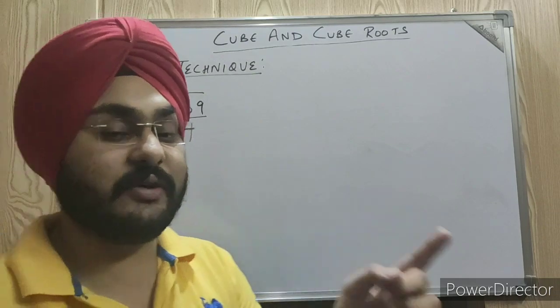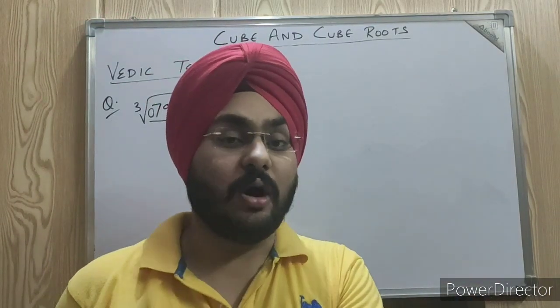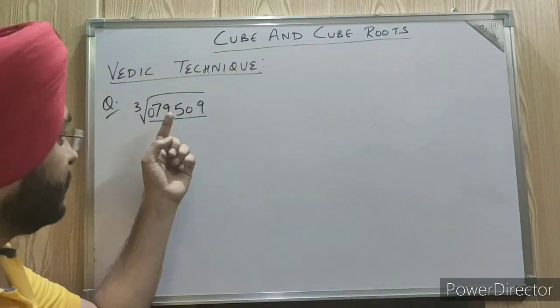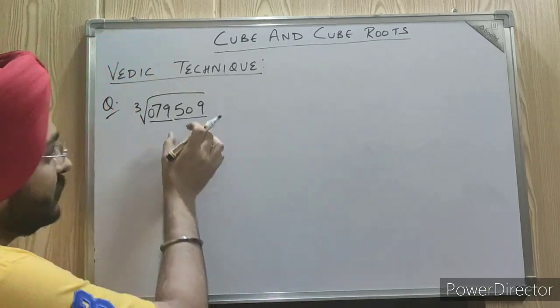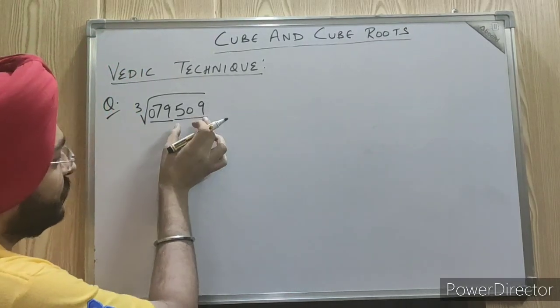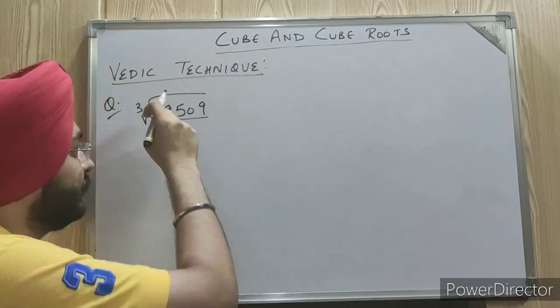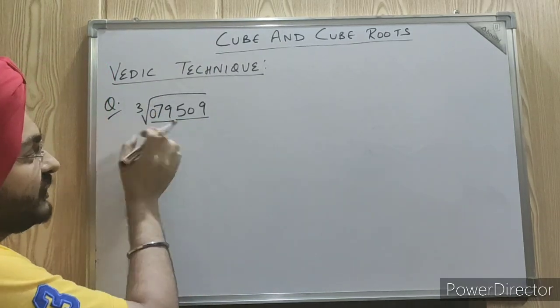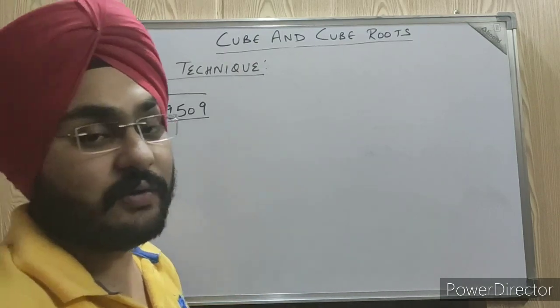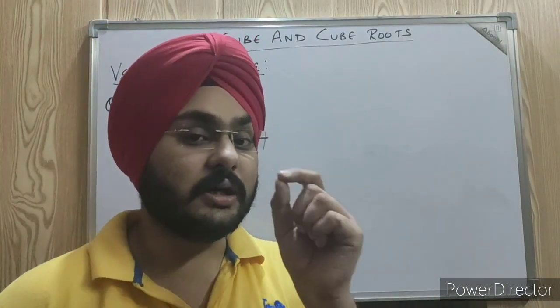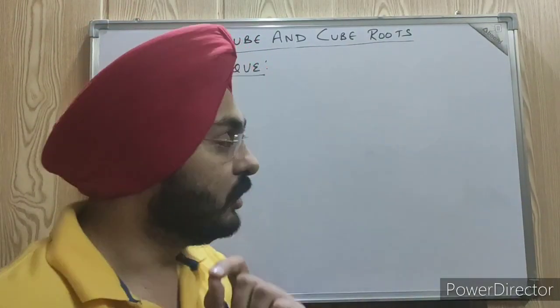In the same way as when we make pairs in square and square root long division, here we have to make triplets, starting from the right side only. So 509 forms a triplet, and 79 is not making a triplet, so apply a 0 on the left side of 79. Now for this you have to remember the cubes from 1 to 10.